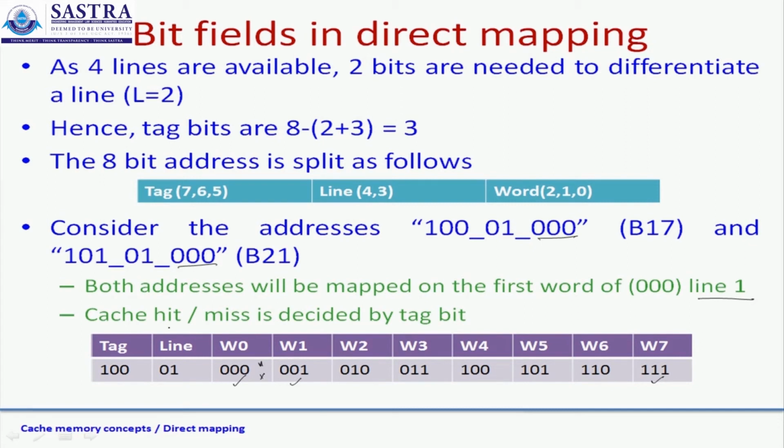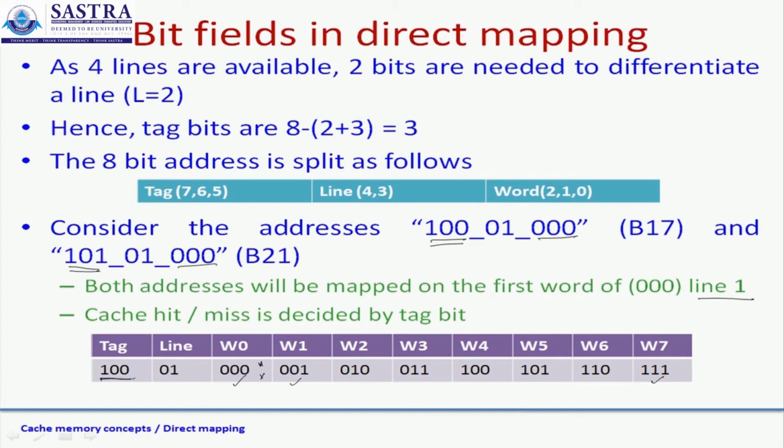Cache hit or miss: if the intended address is available in the cache, that is considered a cache hit. If the intended address is not present in that particular cache at the time, that is considered a miss. Cache hit or miss is decided by the tag bits.